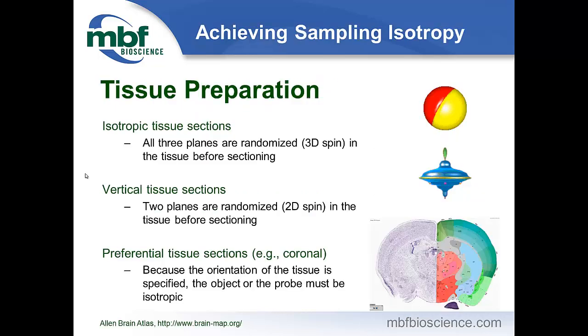So the first thing on that list for achieving isotropy is this idea that you can prove that the objects themselves are isotropic. In other words, are the fibers that you're trying to estimate the length of randomly distributed in three dimensions? If the object you're looking for is isotropic, you don't have to worry about making the section isotropic or the probe isotropic.